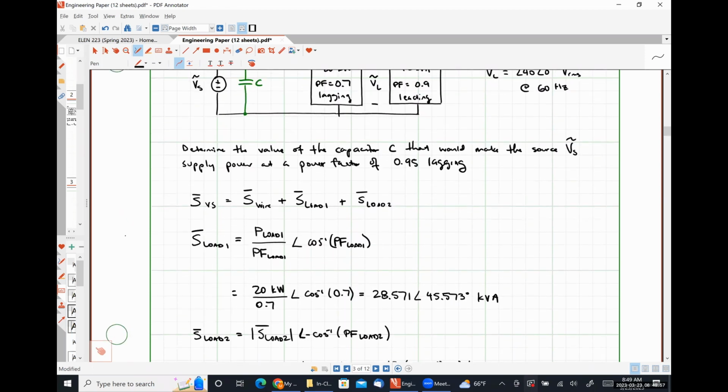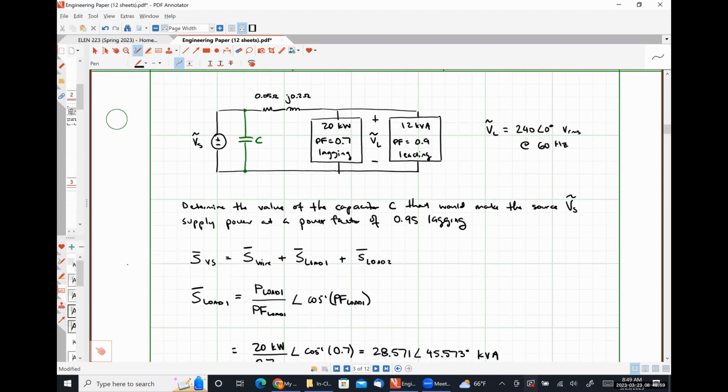So now we come to needing to figure out what the complex power absorbed by our wire is. We're not given anything but the impedance, which means that we're going to need to know the voltage drop across the wire, which we don't know, and the current flowing through the wire, which we also don't know. How are we going to figure out those things?